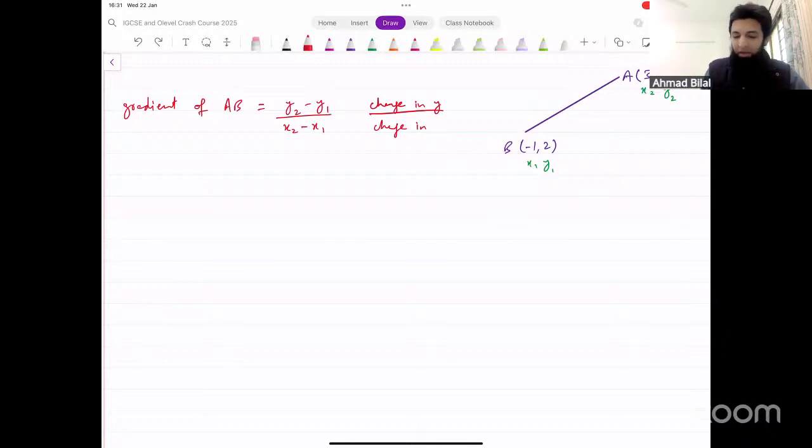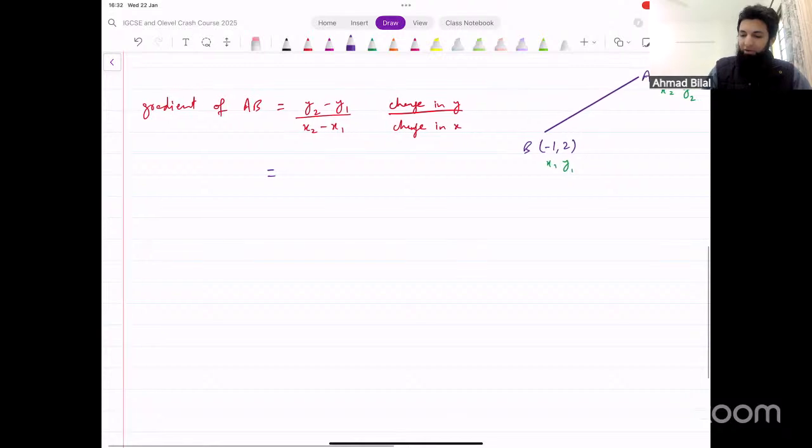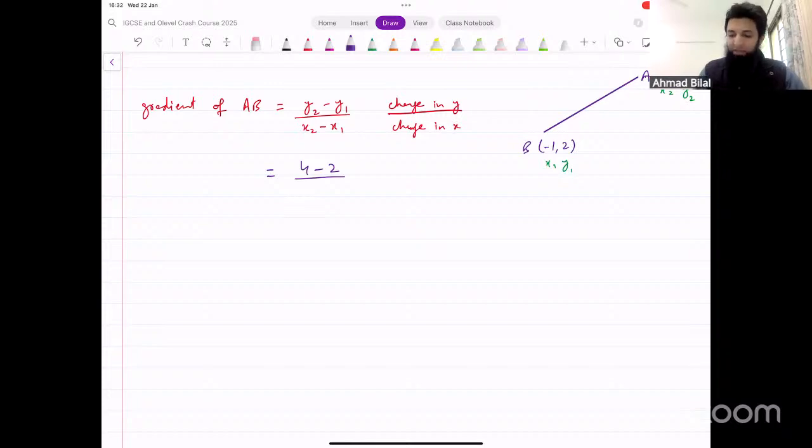Now, let's actually find the gradient for this particular line and then try to understand what that number really means. Let's first find the gradient of this set of points. So let's apply this formula. y2 minus y1 becomes 4 minus 2, divided by x2 minus x1, so that's 3 minus minus 1.